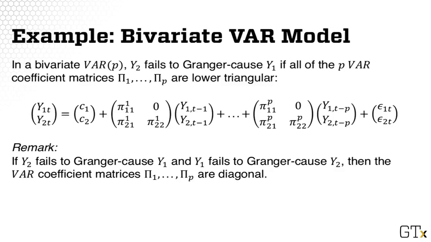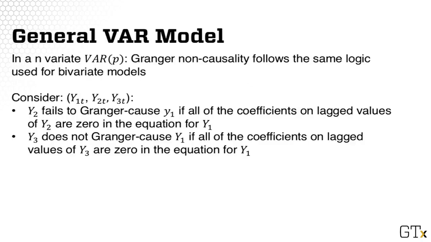As shown on the slide, the coefficients in the corresponding location in the matrices are 0. If Y2 fails to Granger cause Y1 and Y1 fails to Granger cause Y2, then the VAR coefficient matrices pi 1 to pi p are diagonal. This means that there is no temporal lag relationship between the two time series.